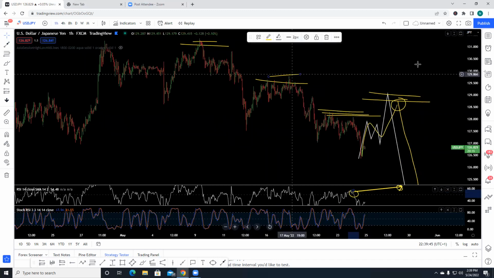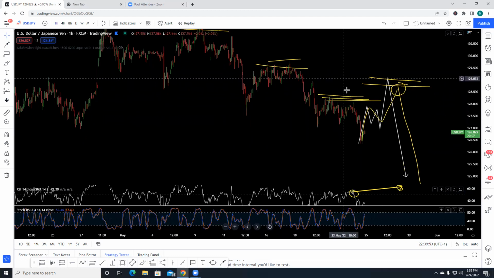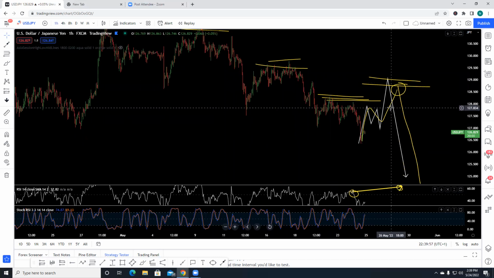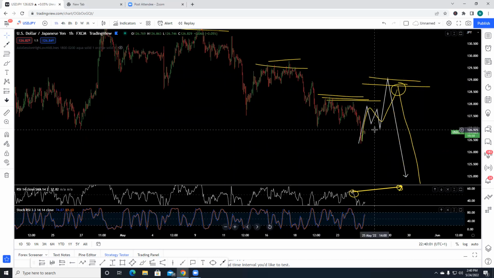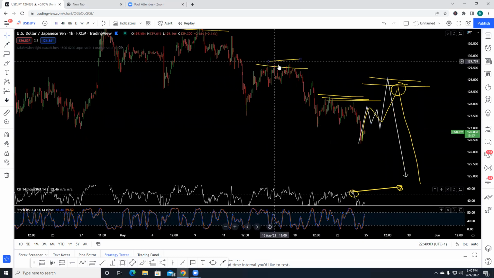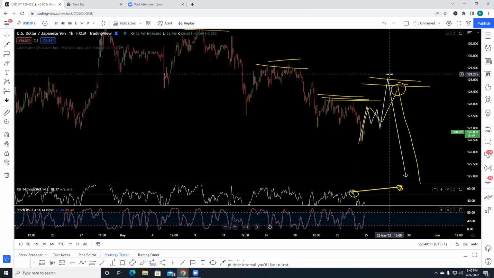But if you look at the price, you see that this one is actually lower than this one. So this is what is called a bearish hidden divergence. Do you understand? Because here is giving you a better price to sell, even though it's making a lower high. Okay, so that is the confirmation we are going to be looking for if we have this eventual push to the upside.